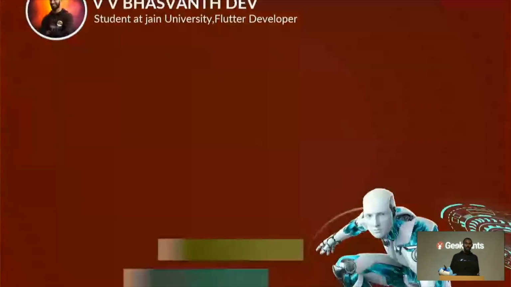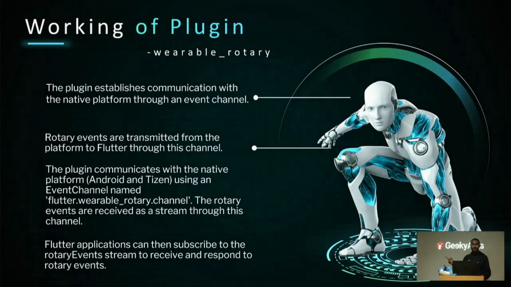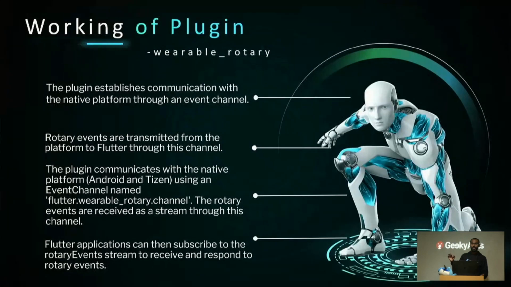Before I start, I just want to talk about this plugin called Wearable Rotary. This is a plugin that communicates with the native code and helps us use the wearable gestures in our Flutter applications. There is a Kotlin plugin made by Samsung. It uses generic motion events. What does generic motion event mean?